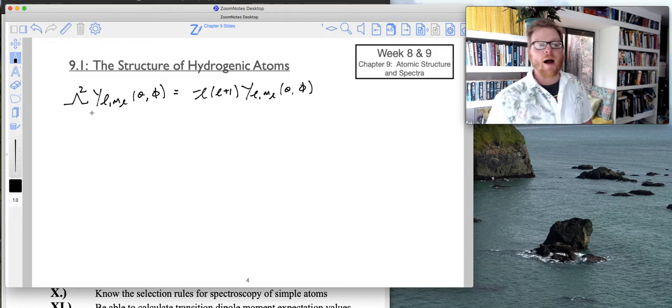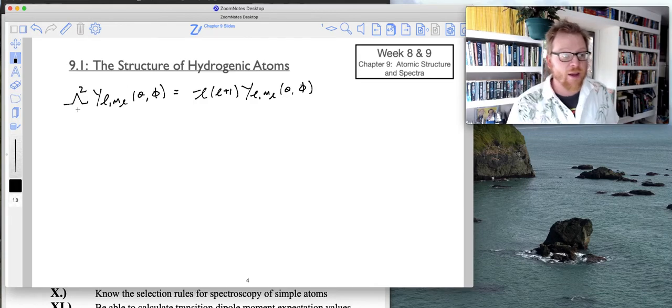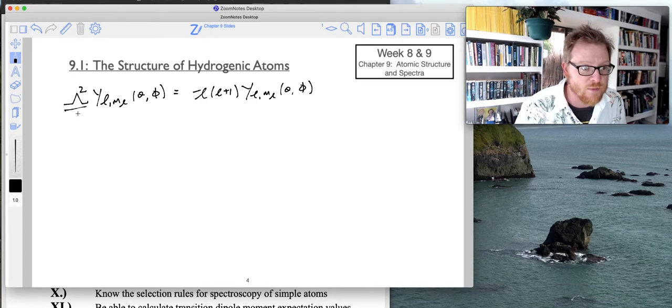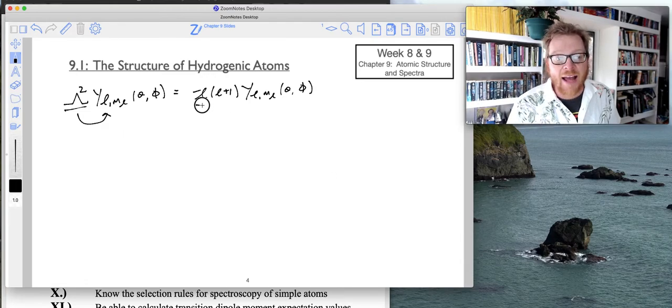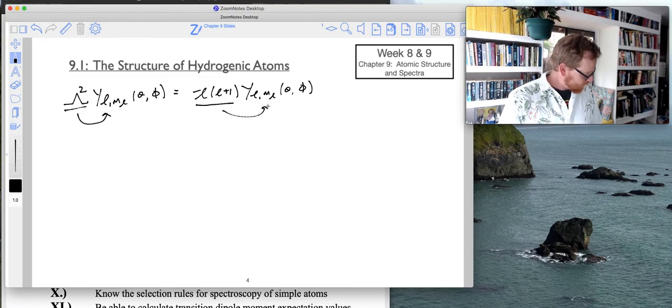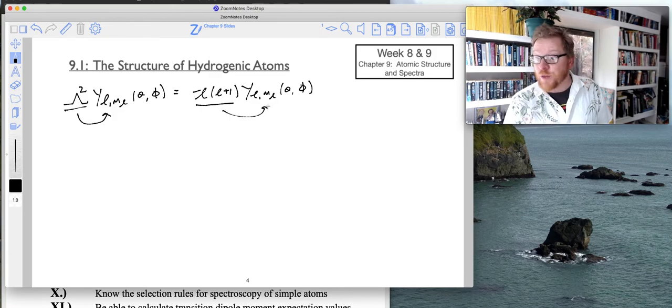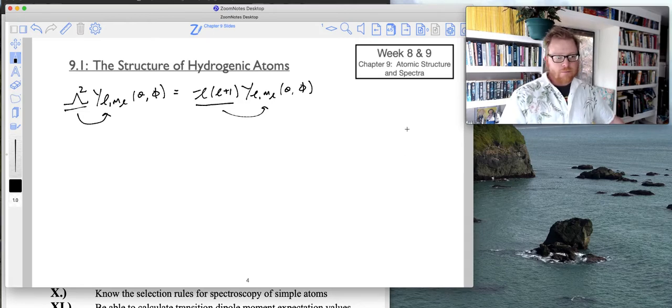So basically, my Legendrian squared operator operates on the angular wave function, and I get back an eigenvalue and the original wave function. Okay, great. So we've already solved that. We did that in the other section.